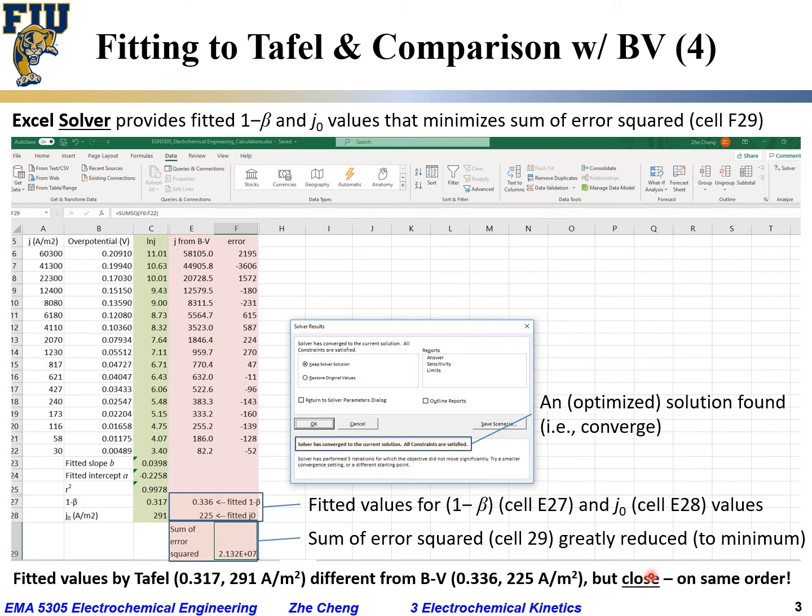Quite often for electrochemistry, we only require the values to be on the same order, and the result satisfies that. 0.317 versus 0.336, the difference is less than 10%. 291 versus 225 is a slightly larger difference, but still between 200 and 300. So you see they are on the same order. The values you get from Tafel versus from Butler-Volmer should be close but not exact, but they are on the same order.